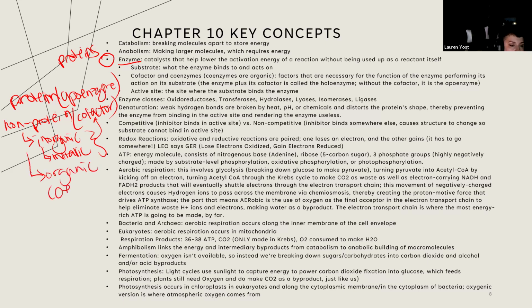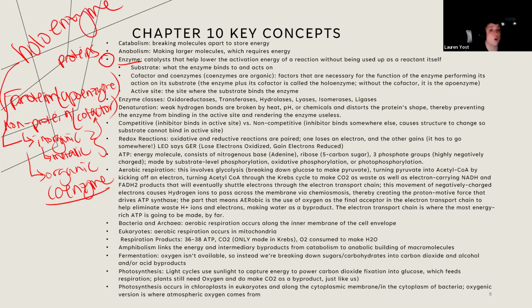It's called a coenzyme. And this whole thing, protein plus non-protein, is called a holoenzyme. And it sounds like whole to me, like you're reading the whole thing. Holoenzyme, even though it's not spelled with a W. So that's how I remember what those are.